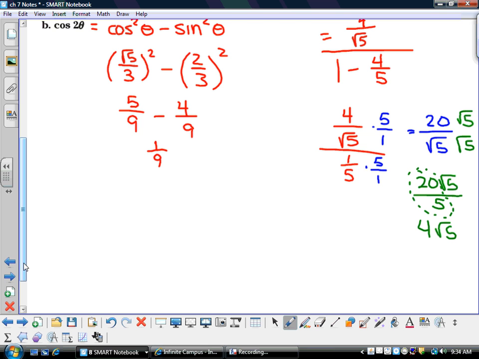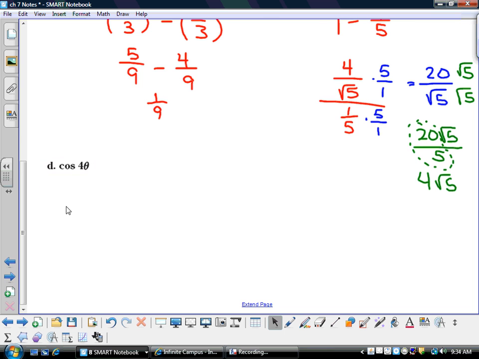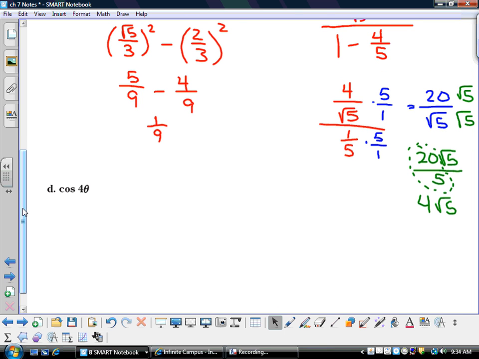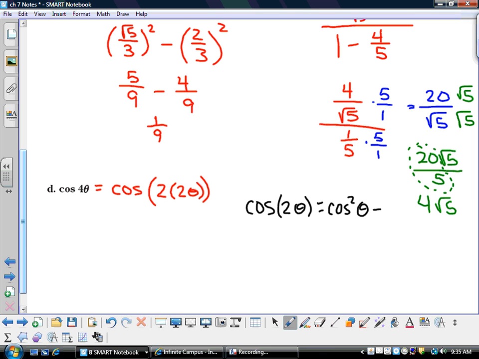Cosine of 4 theta is our last example like this. This is different. We don't have a specific formula for what the cosine of 4 theta is. But the cosine of 4 theta could be rewritten as the cosine of 2 times 2 theta. We had a formula from before that said the cosine of 2 times something equaled cosine squared of that something minus sine squared of that something.